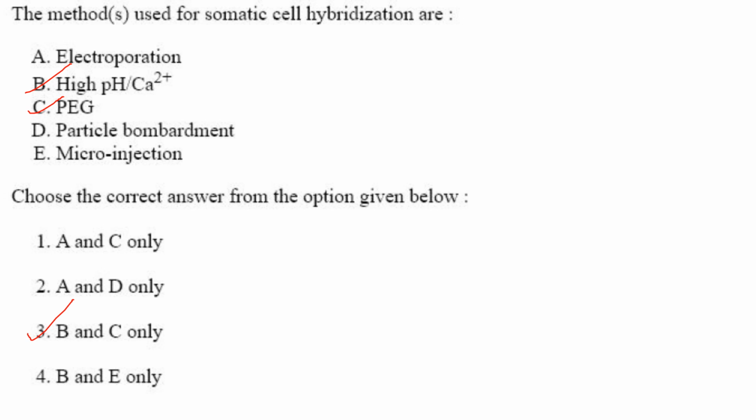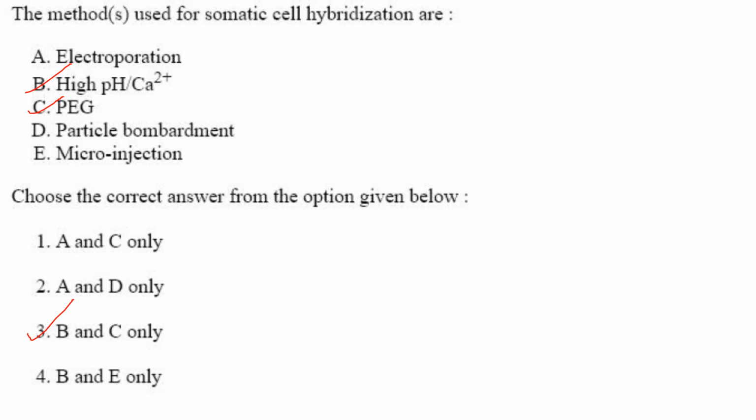The method used for somatic cell hybridization. Somatic cell hybridization is a technique to combine the genetic material of two different species or varieties by fusing their somatic cells. So in this process there is cell isolation, then protoplast isolation, then you fuse them with polyethylene glycol, or at high pH and calcium.